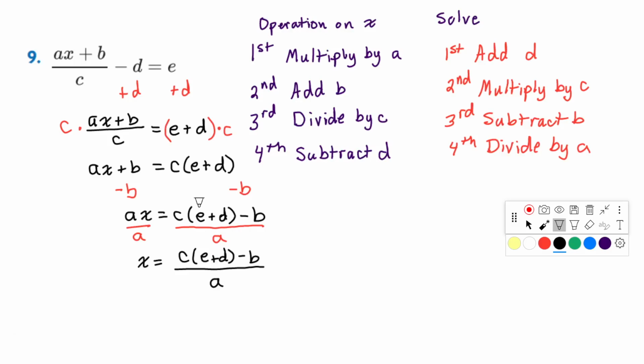If you did go ahead and distribute the c, you would have c times e plus c times d minus b, and all of that is over a. Either one of these expressions is correct. And this concludes our video on multi-step equations and literal equations.